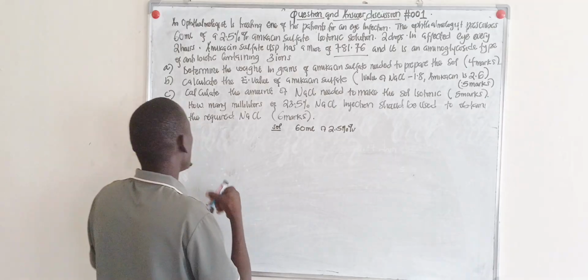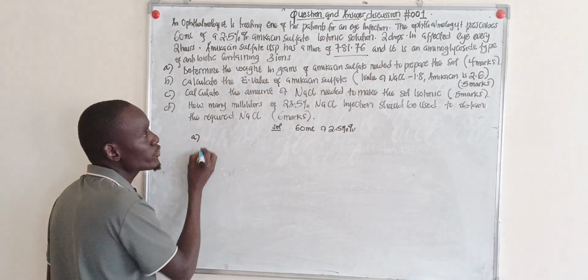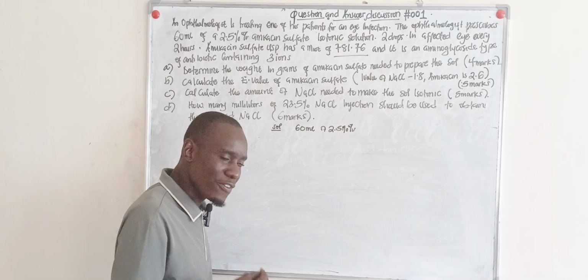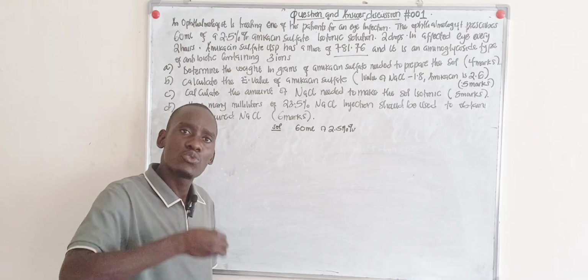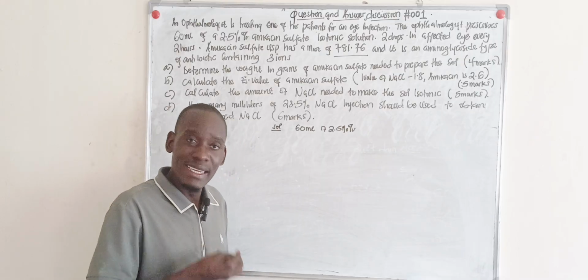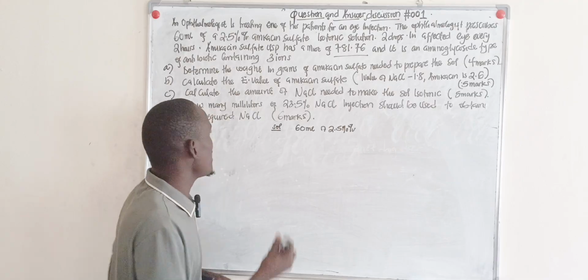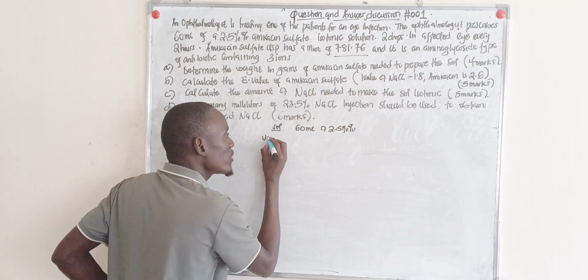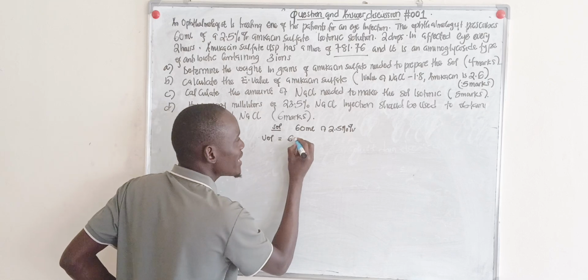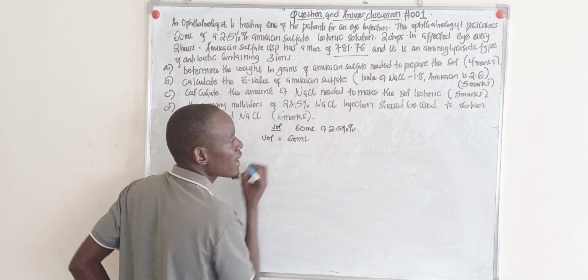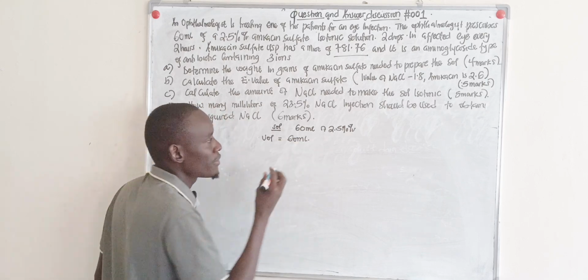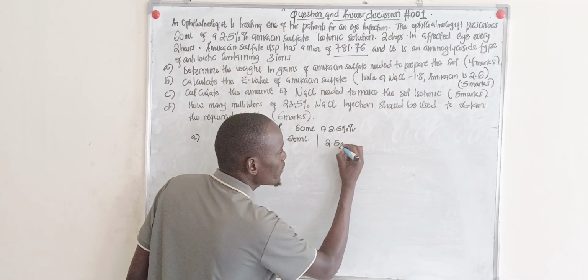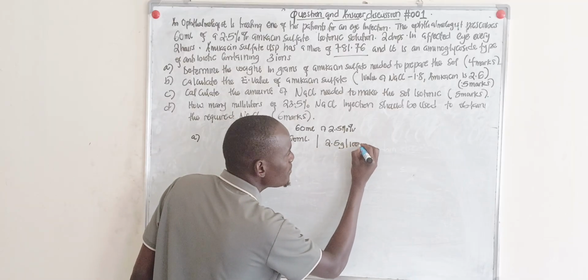So, our first question, we need to determine how much of amikacin sulfate was to be used in this prescription. Remember, they have told us that the volume required is 60 mils. But what we know is the percentage strength, which is 2.5 grams per 100 mils.